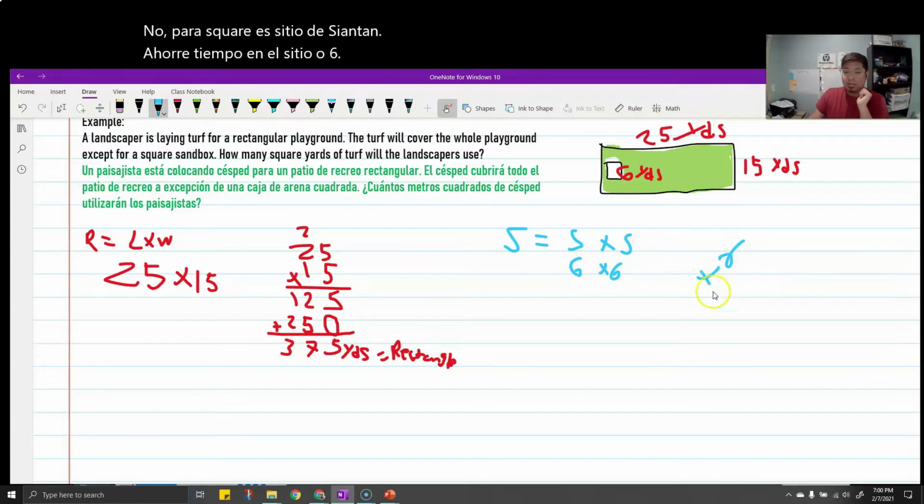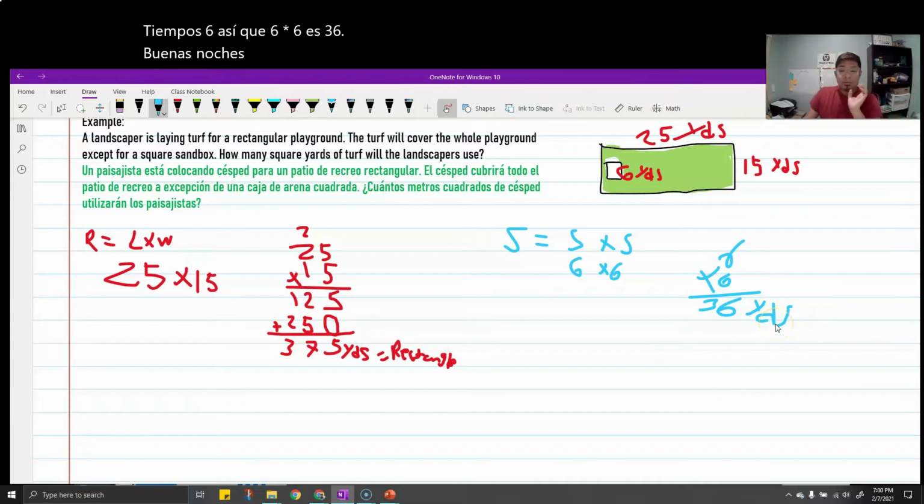So 6 times 6 is 36. 36 what? Good, yards. Okay, so now I have the area of the sandbox and I have the area of the whole thing.